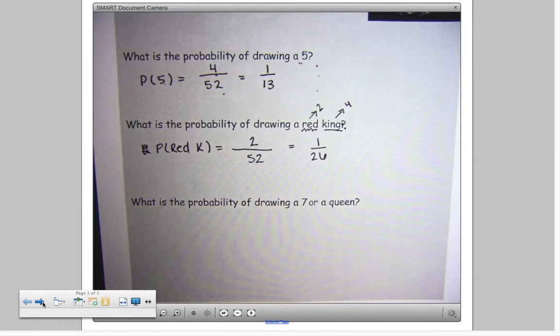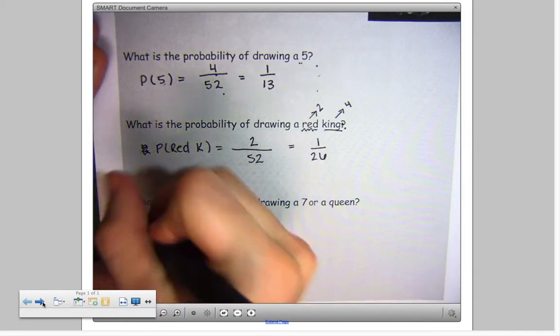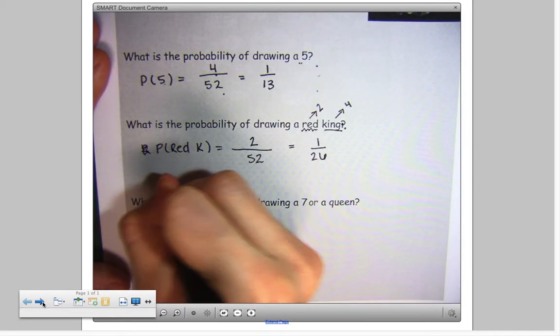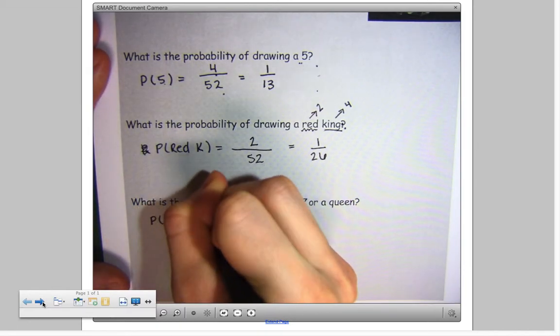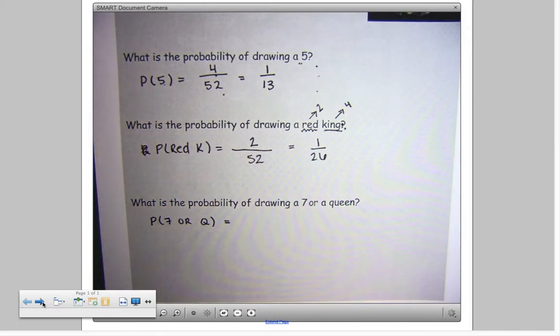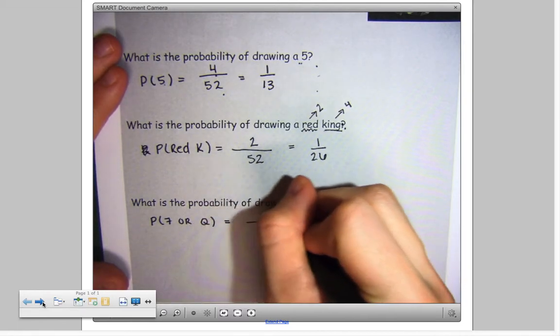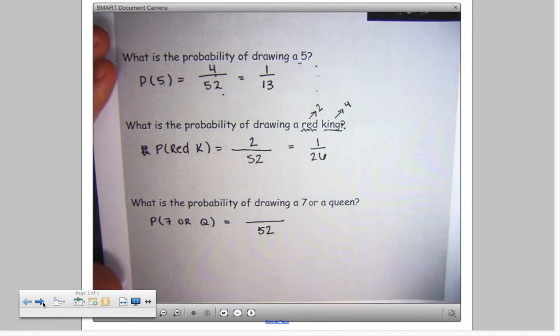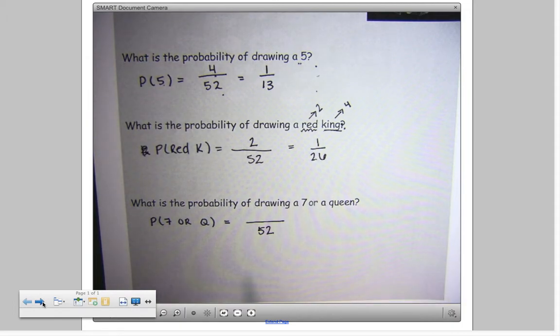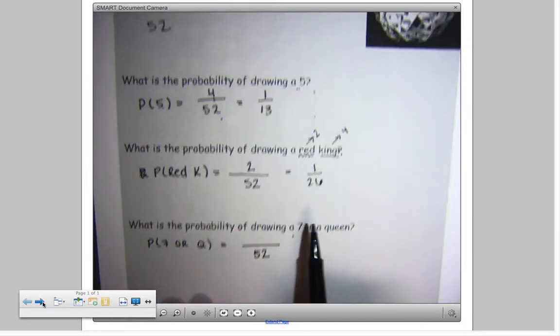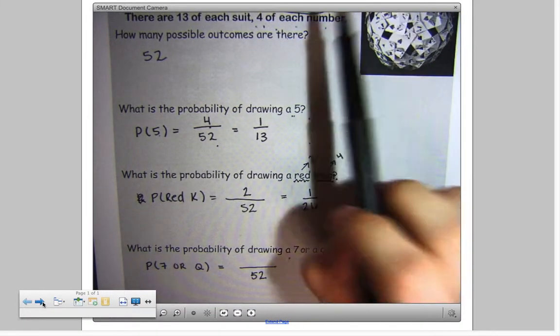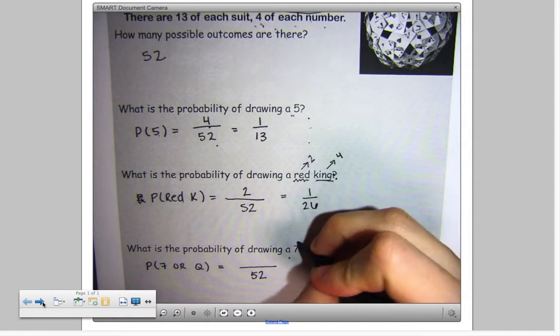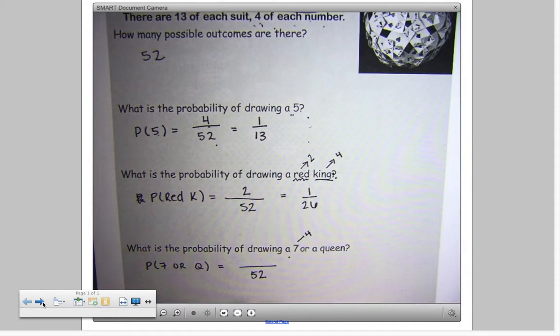Okay, last one, probability of drawing a 7 or a queen. So again, my denominator is going to be 52. Okay, so let's just look at the 7 for now. So again, if we come back up here, there's 4 of each number. So we know that there's 4 7s.